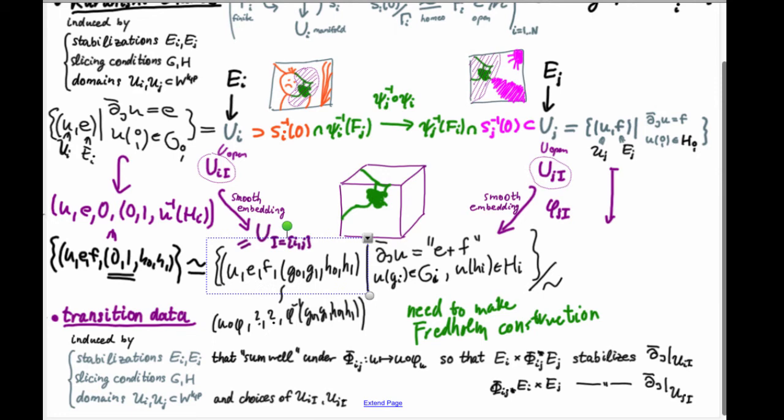Which means if I change my map here just a tiny little bit, it's still going to intersect H transversely. And that's what I need in order to be able to read off these extra marked points here in an analytic, meaningful way.